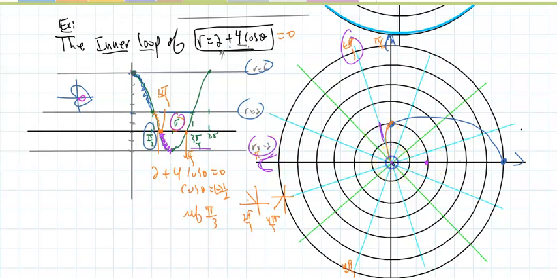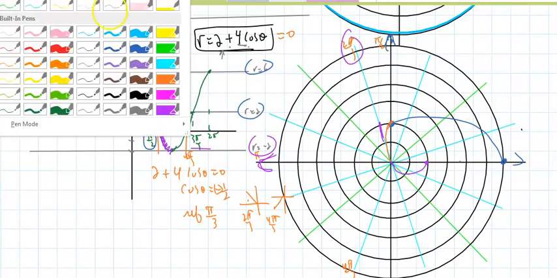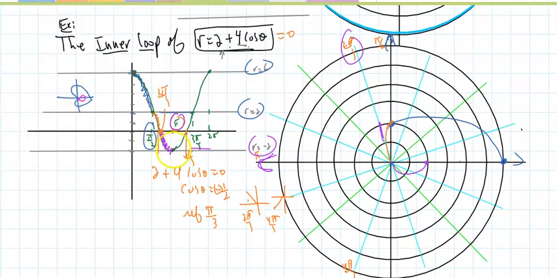So from here, it's going to pick up and trace. Basically, I'm done because this graph's symmetric, but I'm going to continue just to show you how it's done. If I go from pi to 4 pi over 3, since r is negative, I'm not in this quadrant. I am in quadrant 1. By the time I hit 4 pi over 3, I am at 0.